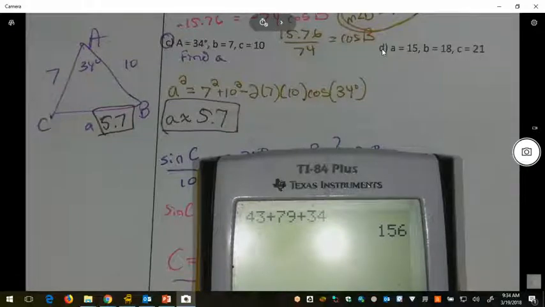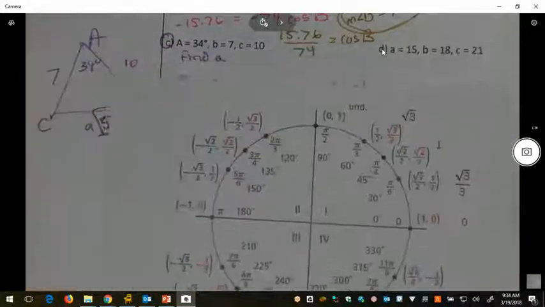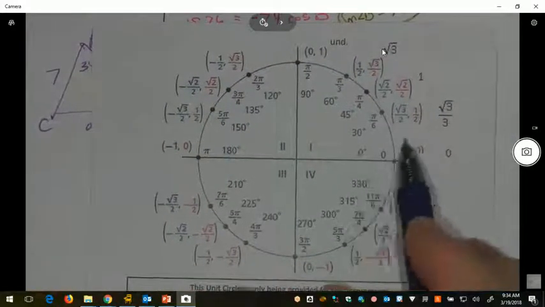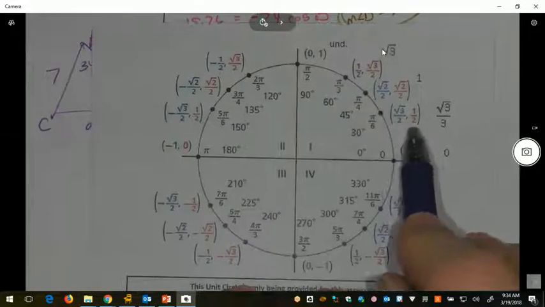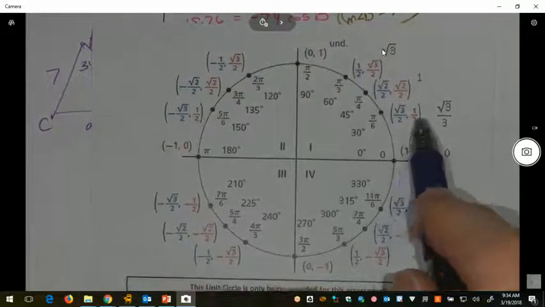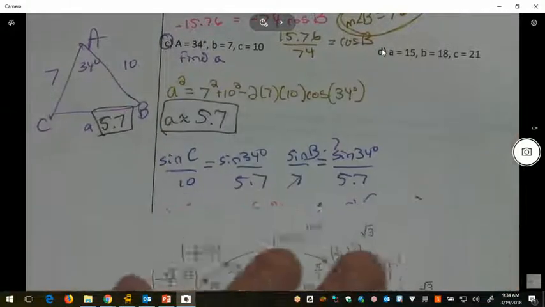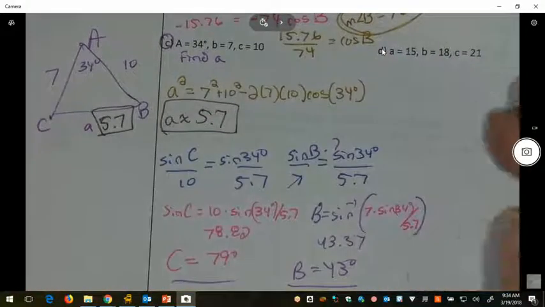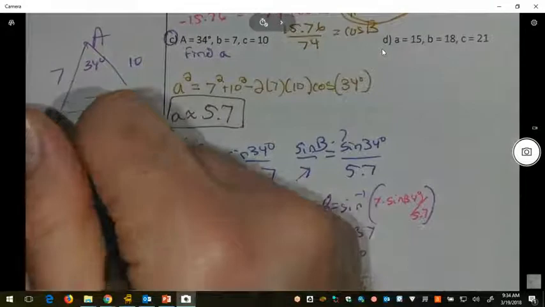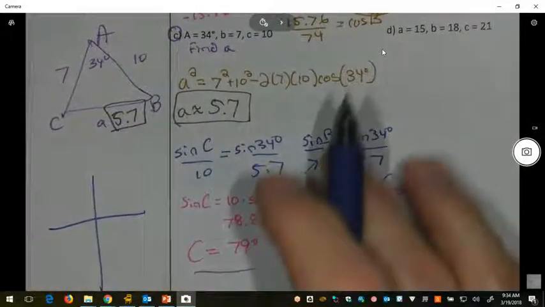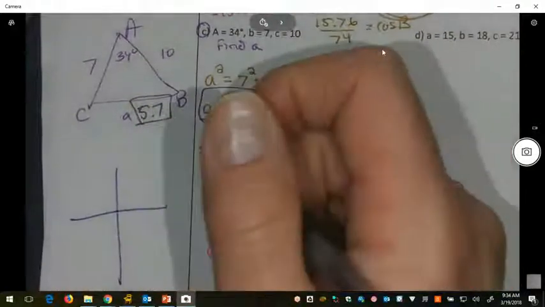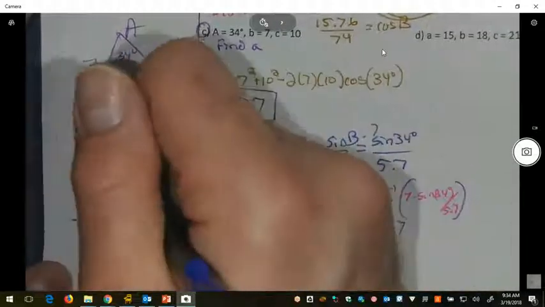Right now, you guys were told, hey, on our unit circle, if I want to know where sine is 1/2, well, it's here and somewhere else, right, on the circle? So you have all these values on your unit circle. So based on quadrants and what quadrant I tell you, you have to find sine inverse based on that.